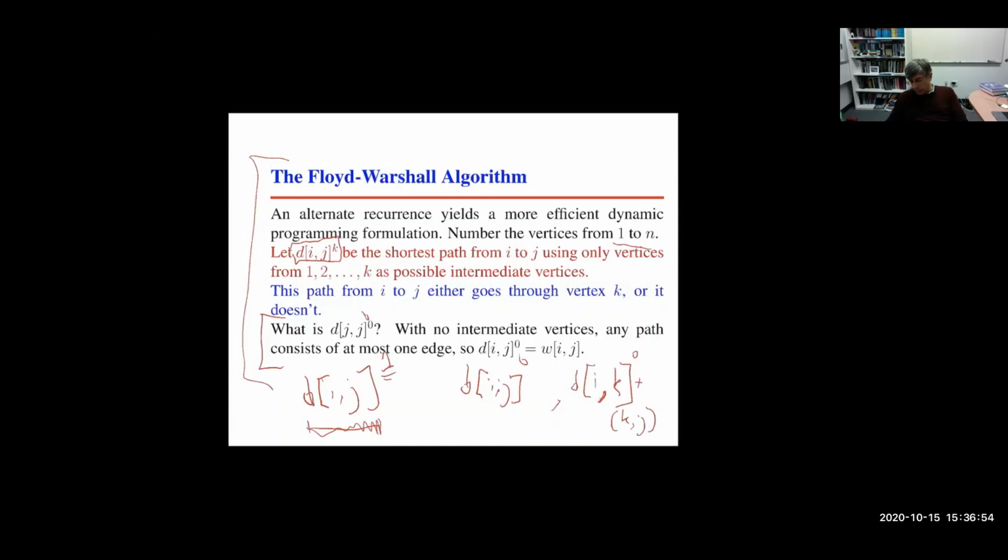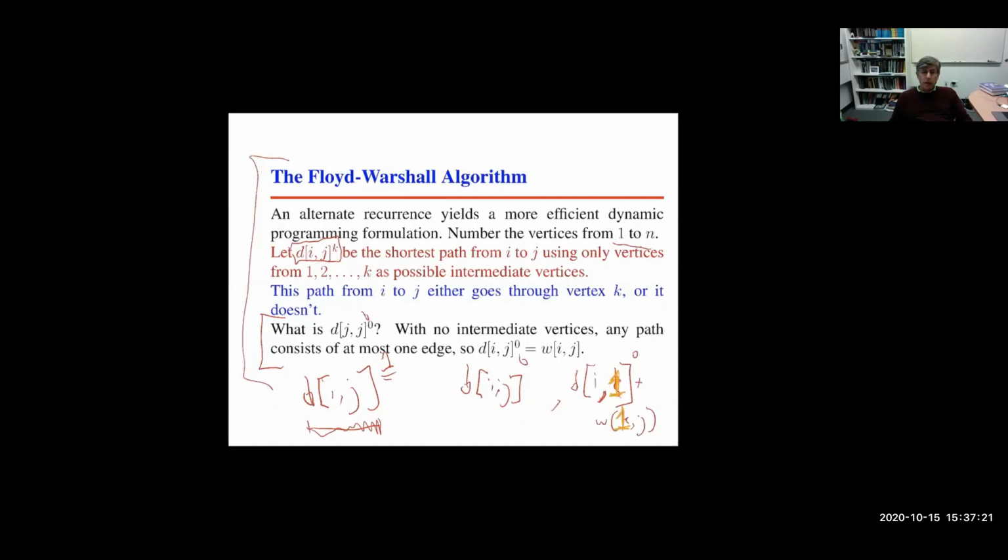Let's think if this is right. If I want to get from i to j using just 1 as my intermediary, what is the story? I've got my only choice here, this is 1, and this is 1.